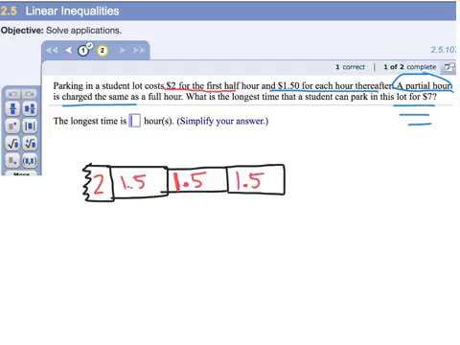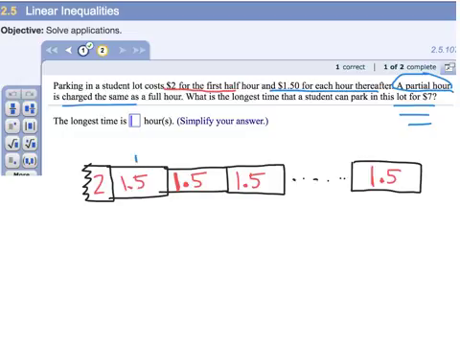I'm just going to keep going, adding $1.50s until I get to that last $1.50. Now I've drawn way too many $1.50s because we're only supposed to go up to $7, but I wanted to prove a point here.